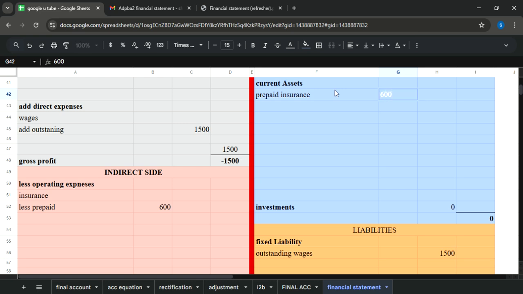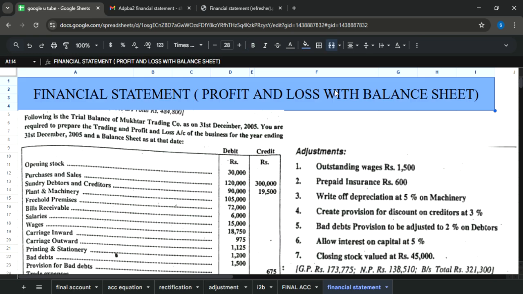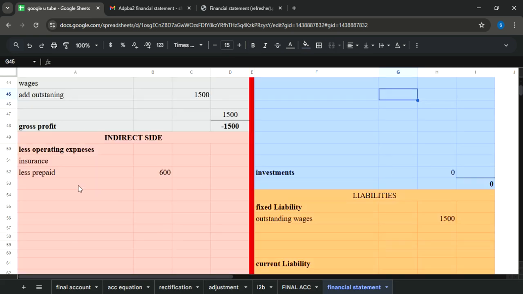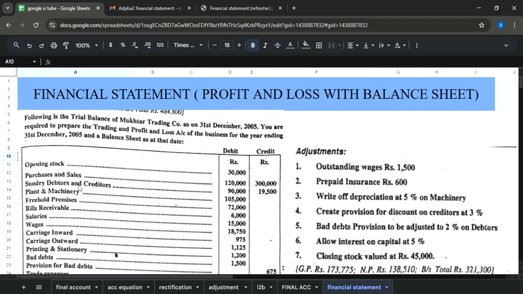Alright guys, now after prepaid we have the third adjustment, depreciation. We already understood that depreciation would be subtracted from the asset, so the asset would be written down. So depreciation 5% on machinery. Here in operating expenses you will come and mention depreciation. First we will see how much the value of the plant is.